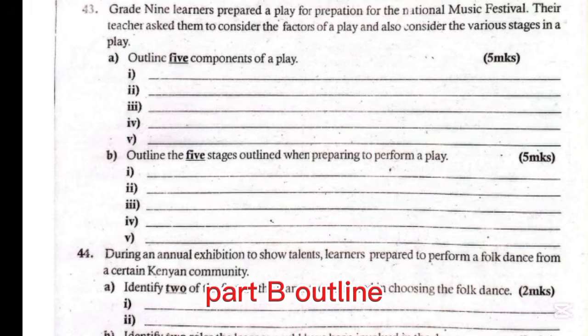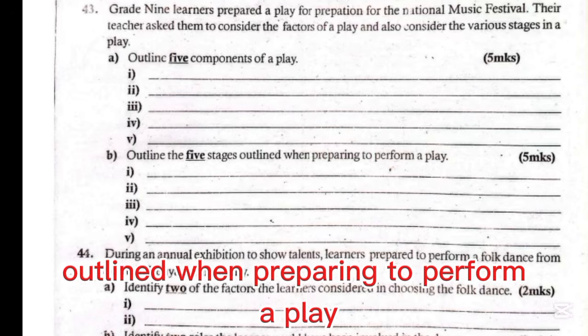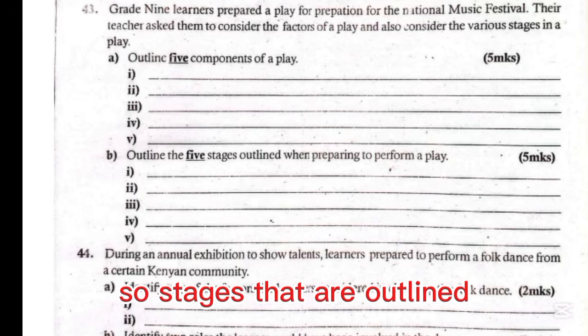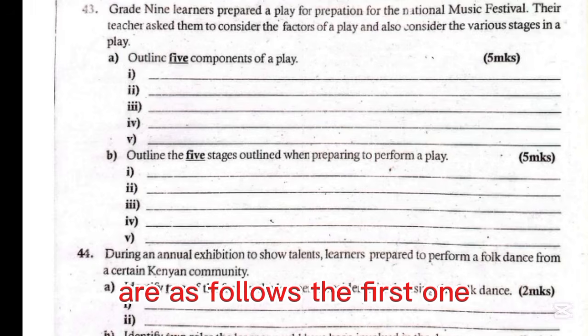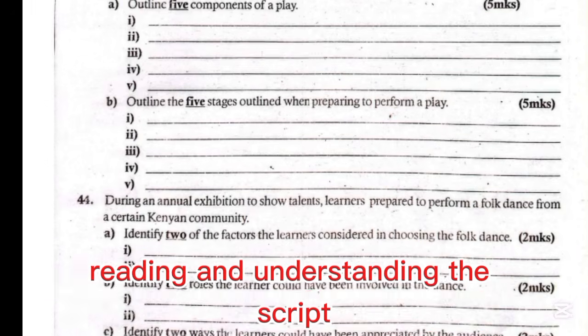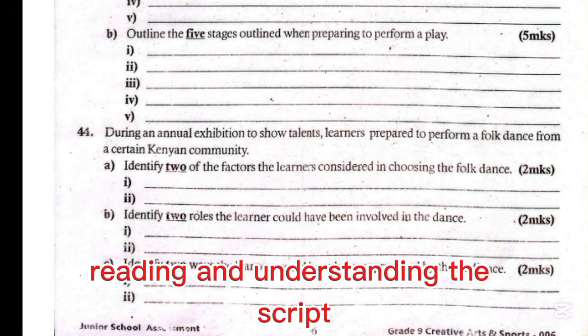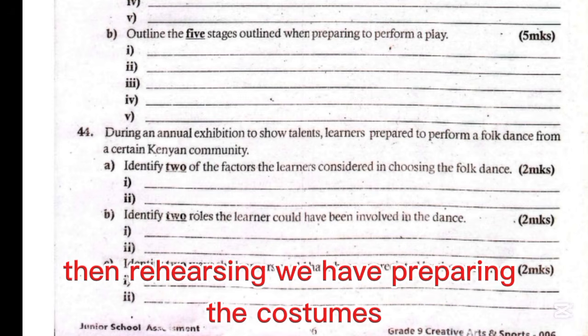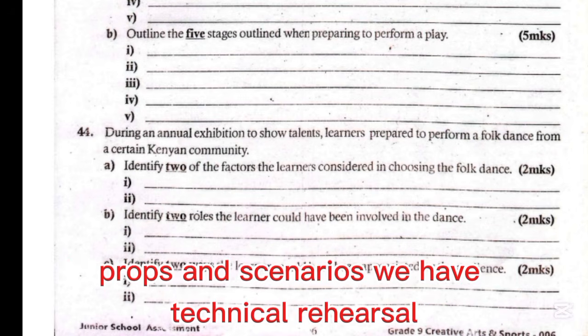Part B, outline the 5 stages followed when preparing to perform a play. The stages are as follows. The first one, reading and understanding the script. We have casting the actors, then rehearsing. We have preparing the costumes, props, and sceneries.